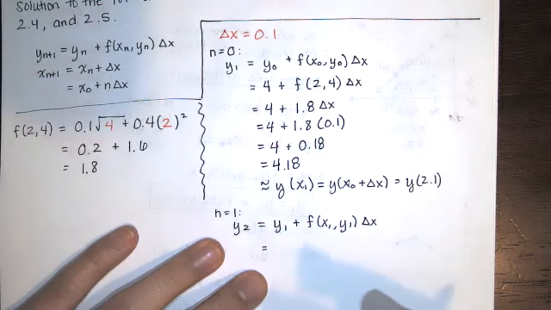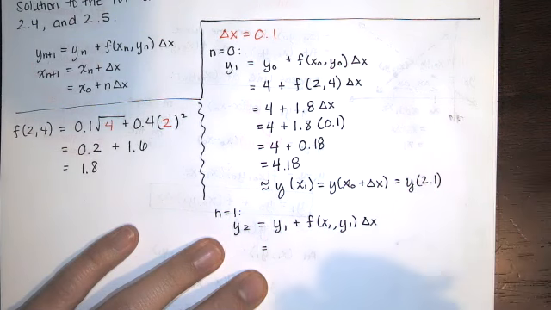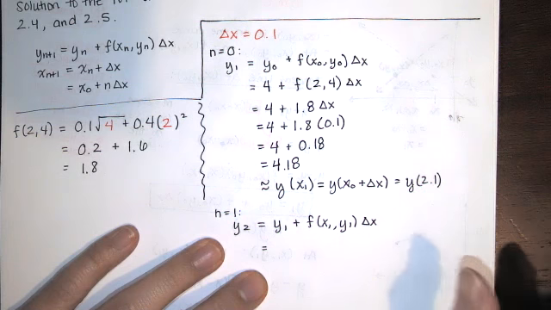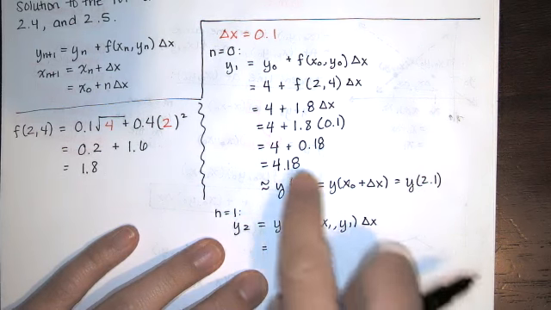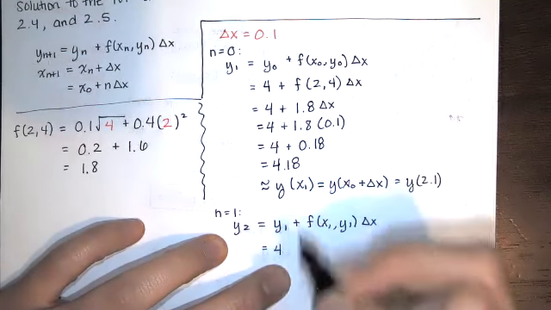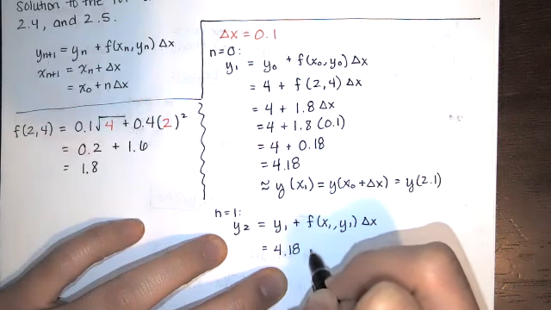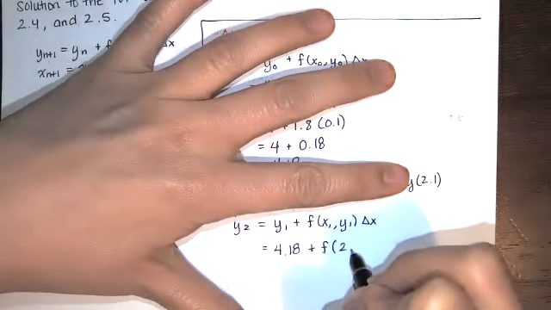So to find the new y value at x equals 2.2, we're going to take one more step of delta x units again. I take the old y value, which is approximately, well, the y value at the last location, which is 4.18, and then we'll multiply by the slope at that location.